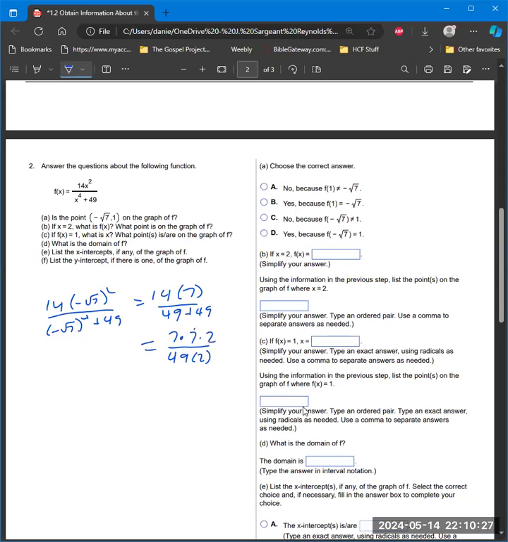So that's 49, and that's 2, so that should be 1. And is that 1? It most certainly is. So yes, because f of -√7 is 1.